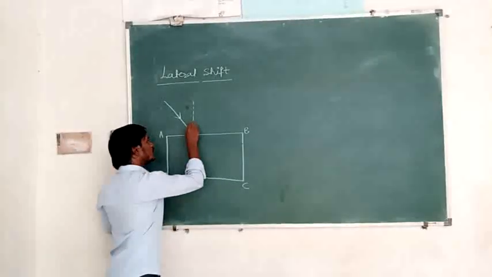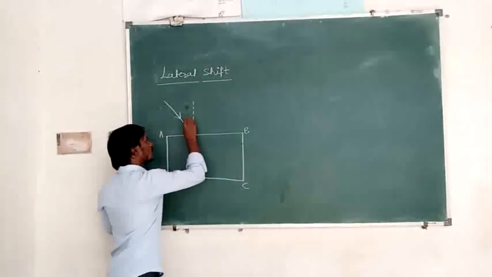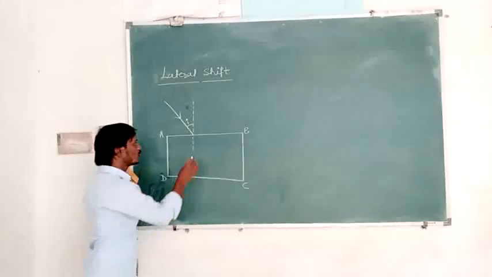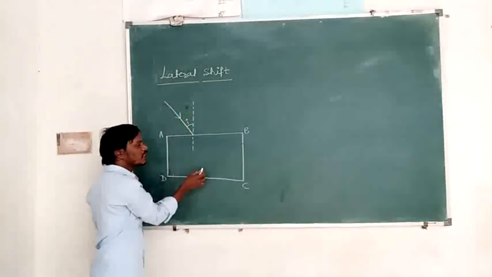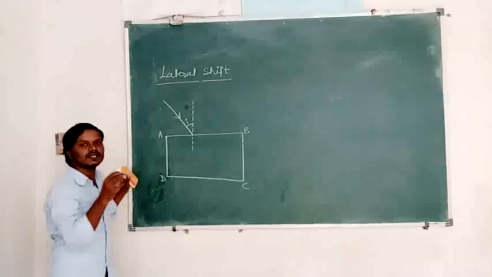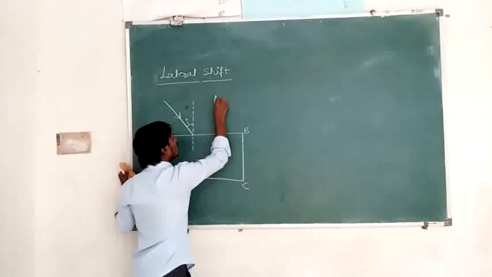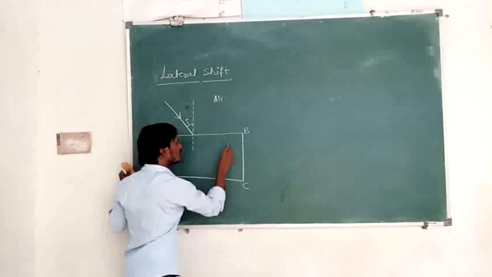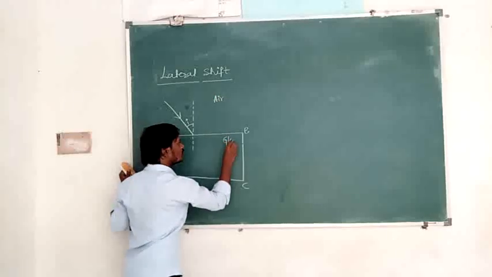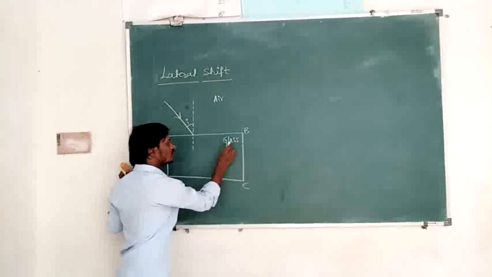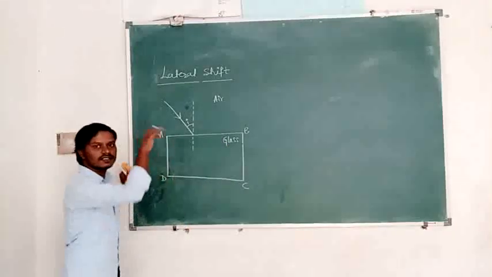The angle between the normal line and the incident ray is called the angle of incidence. The light is traveling from which medium to which medium? Rarer medium to denser medium. Air is the rarer medium, and glass is the denser medium, because glass has a higher refractive index than air.